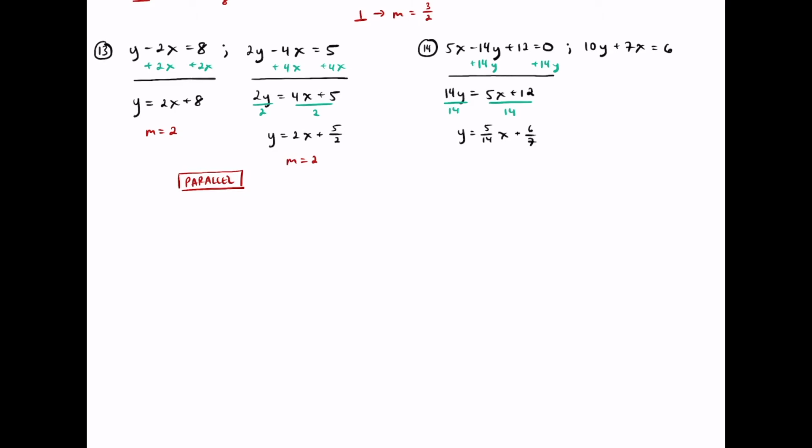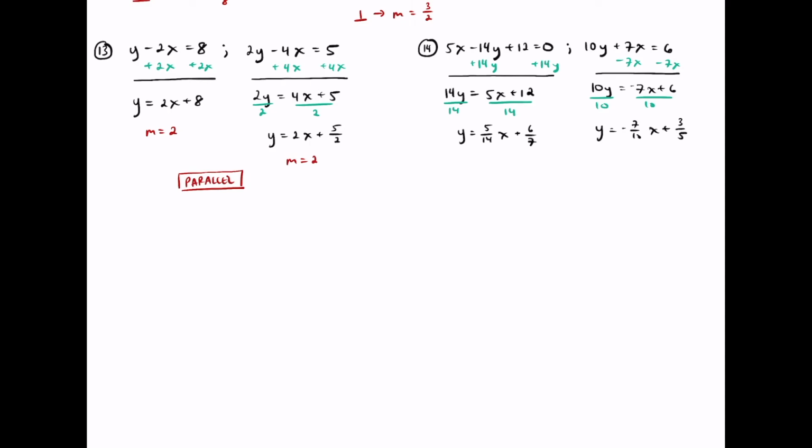Okay. For the other equation, we can go ahead and take away 7x from both sides of the equation. If we do so, we're going to get 10y is equal to negative 7x plus 6. And then we can divide everything by 10 here. And if we do that, we're going to get y is equal to negative 7/10 x plus 3/5.